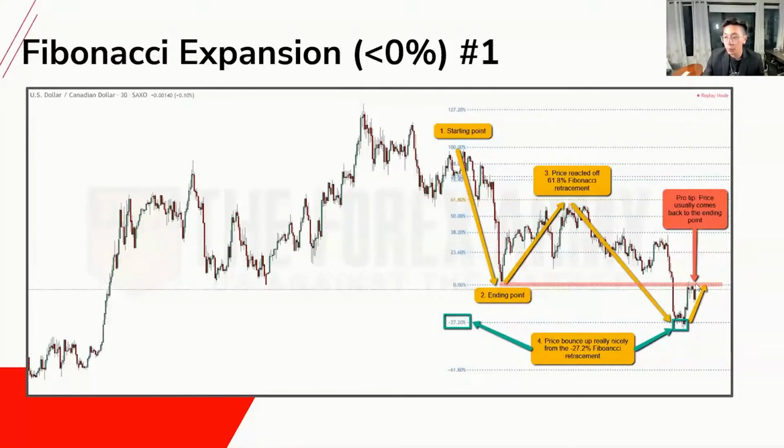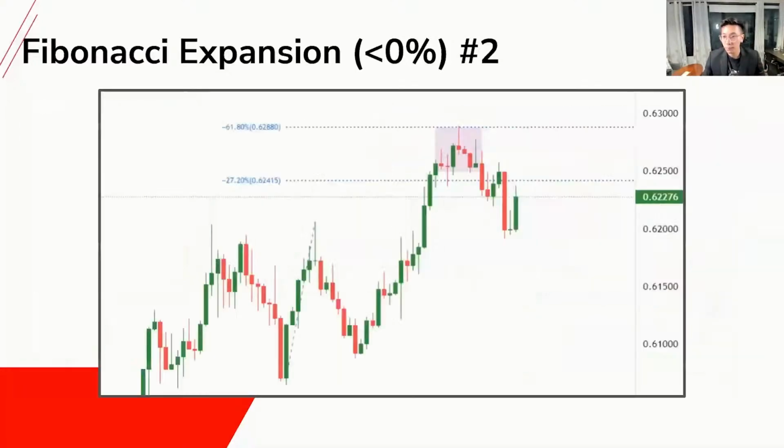Your first take profit could be at the ending point. And then if it breaks past, your second take profit could be at the 23.6% Fib level right here. But since it really broke past and then reacted off here, this whole Fibonacci retracement will be taken out and this level cannot be used. So you should identify the next key level instead.